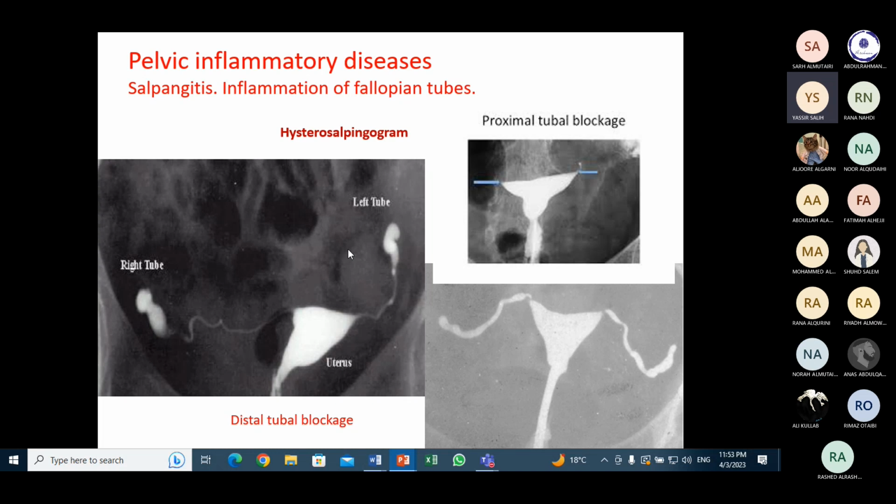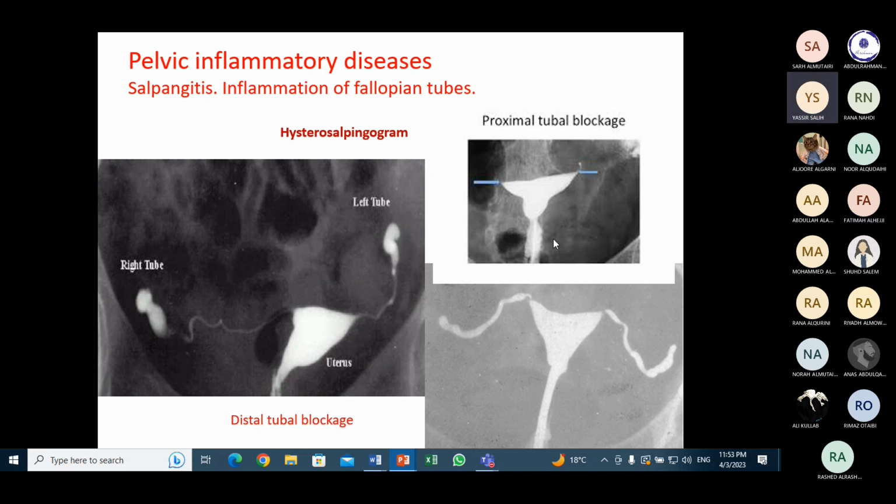Okay, what is this examination or this technique? The CT, ultrasound, what is this? Which technique does this image remind you of? Yes, this is hysterosalpingogram.